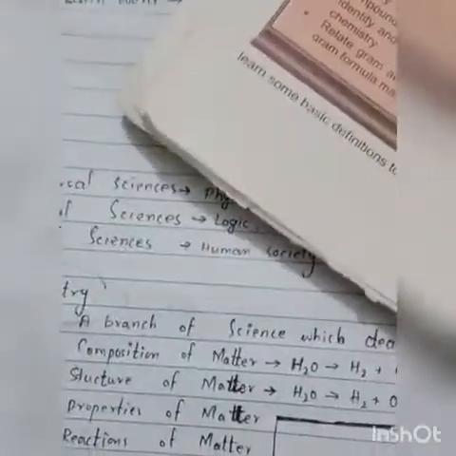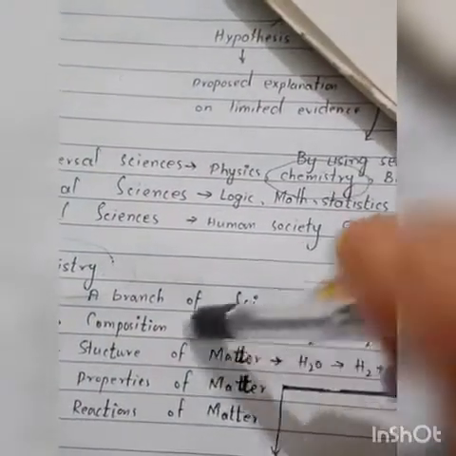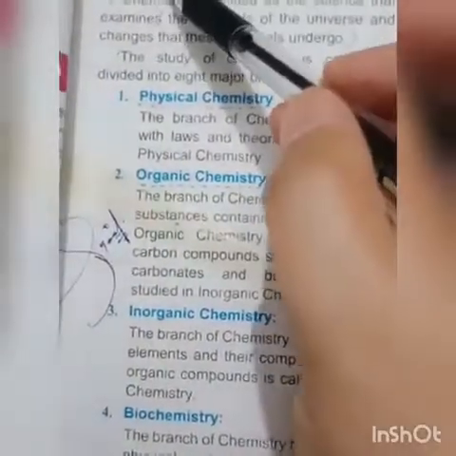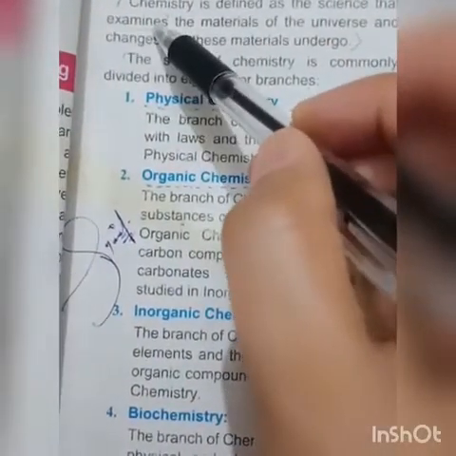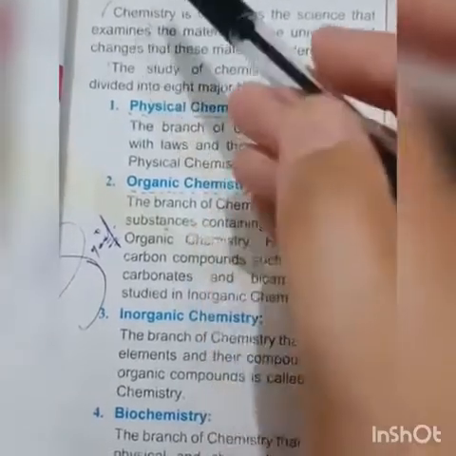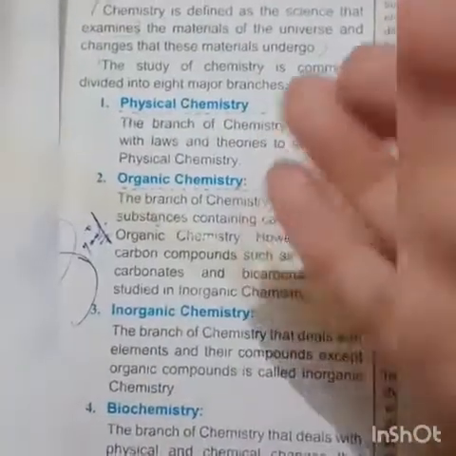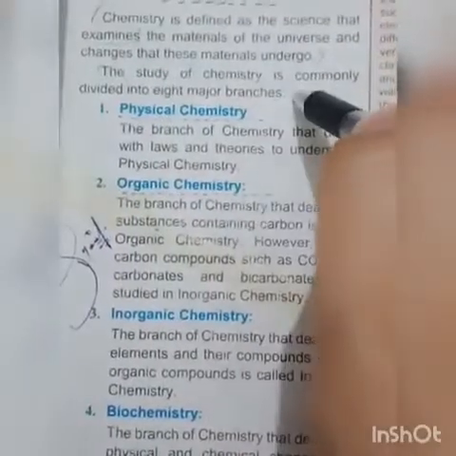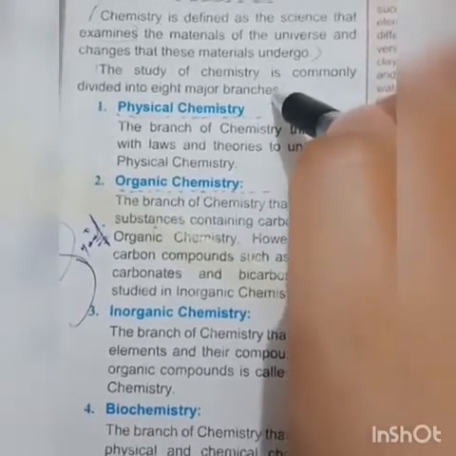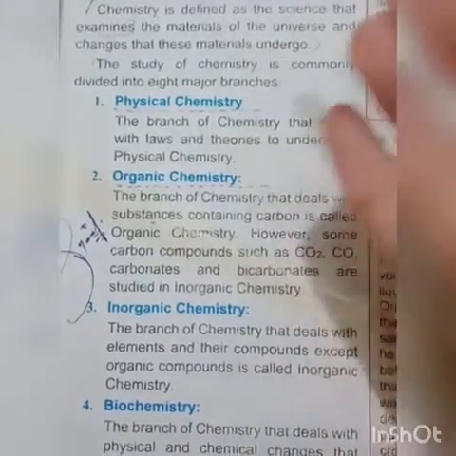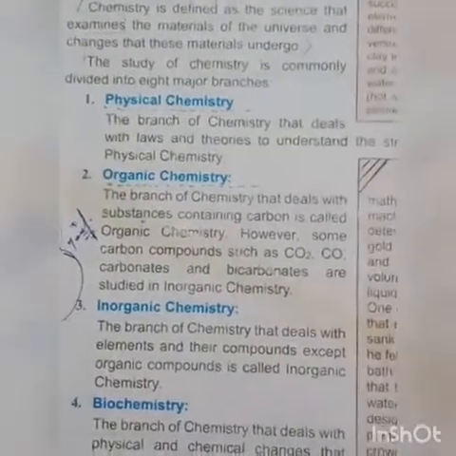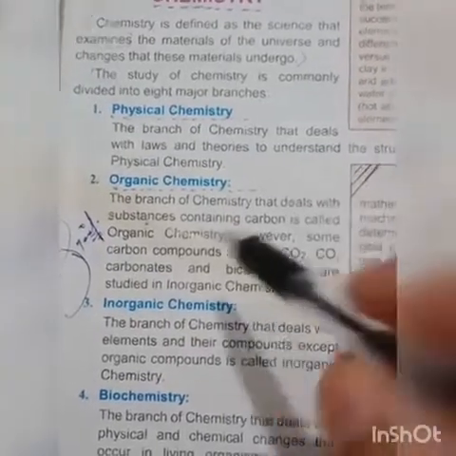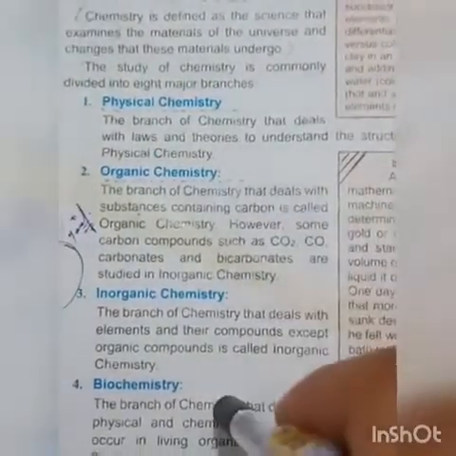So what I have explained, composition of matter, structure of matter, and properties of matter, is just related to examining. If we examine any material, it means we know about its composition, its structure, and the properties it has, and then the changes it undergoes, meaning all the reactions it does with other materials or matter. Hope you understand chemistry well. Okay students, now I will explain the branches of chemistry one by one.